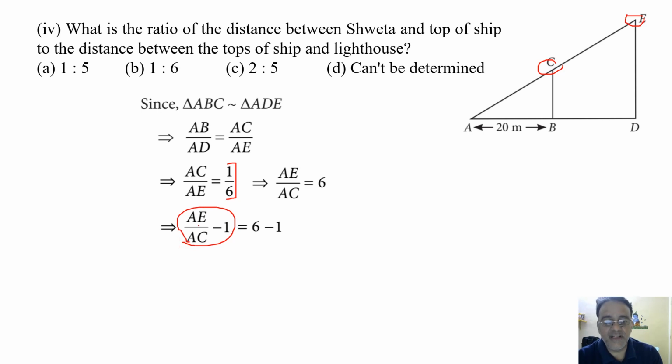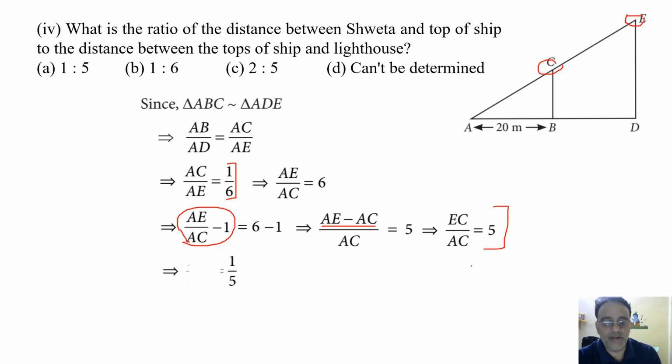If we take LCM, we'll get AE minus AC upon AC equals 5. AE में से अगर AC minus करेंगे तो हम लोग को CE मिलेगा. So this will be EC upon AC is equal to 5. Now we'll take the reciprocal. AC upon EC will be equal to 1 upon 5. So this is the required answer, and the correct option is 1 is to 5.